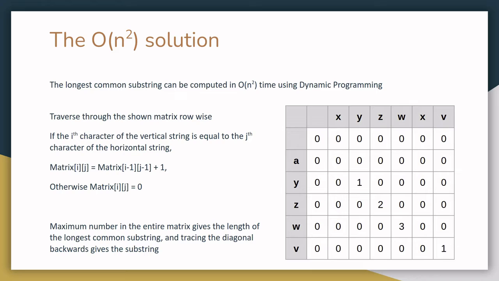So basically it is one more than the cell which is diagonally behind it if the ith and jth characters of the respective strings are equal, otherwise it's 0.